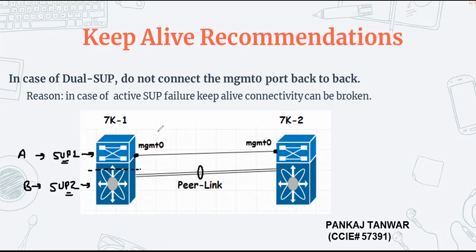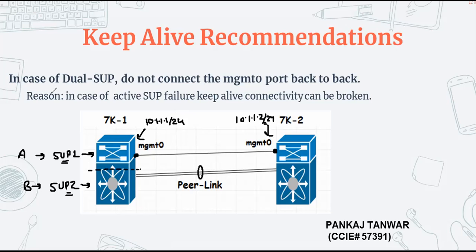Let's say on the management zero interface you have given some IP, let's say 10.1.1.1/24. Here also you have given an IP on the management interface, let's say 10.1.1.2/24, right?